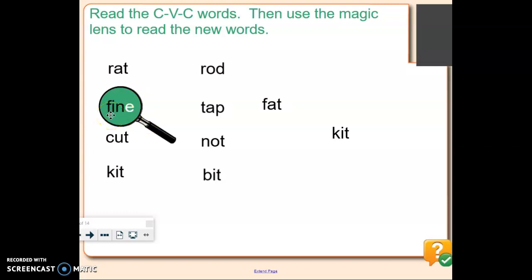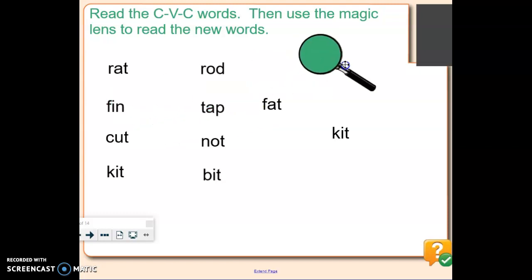Now it's going to say I. Listen. Fine. Now what is the word? Fine. Yes, this is the word fine.